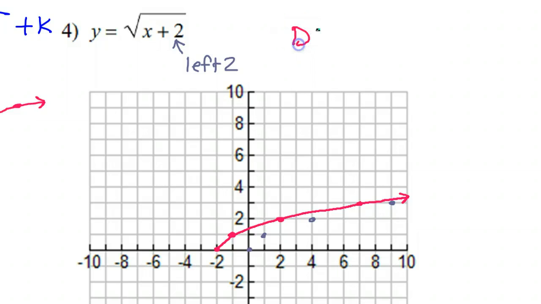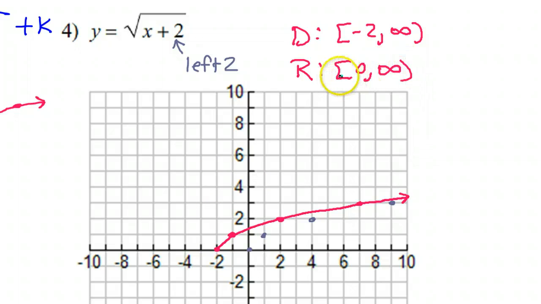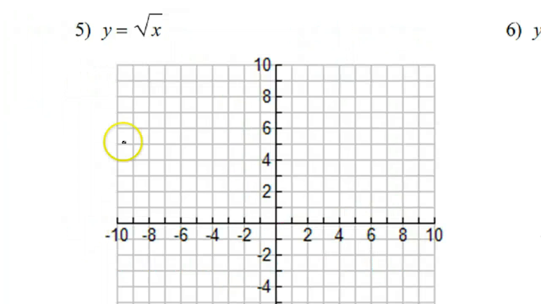Okay, so my domain, the x values go from -2 to infinity. Bracket on the -2. And the range, the y values go from 0 to infinity with a bracket. So that's the answer to number 4.